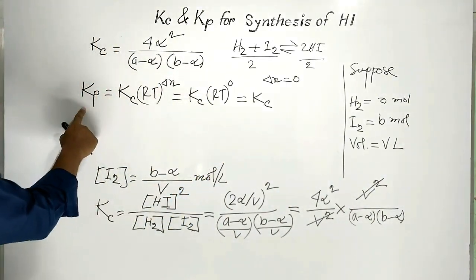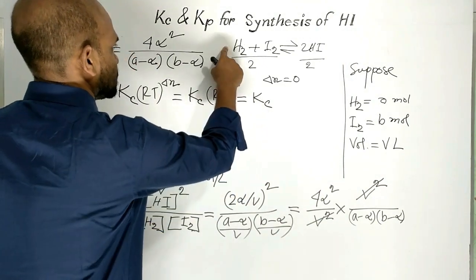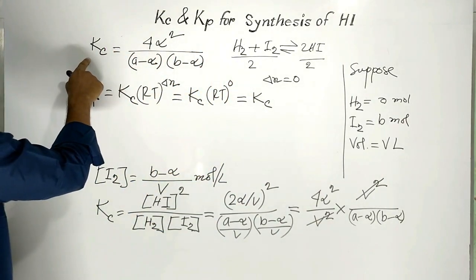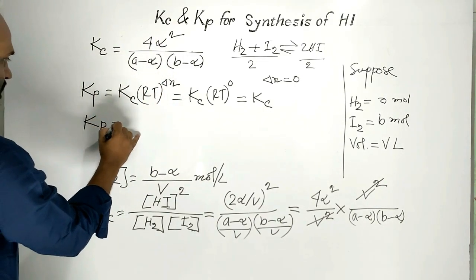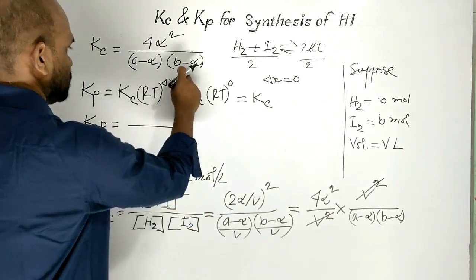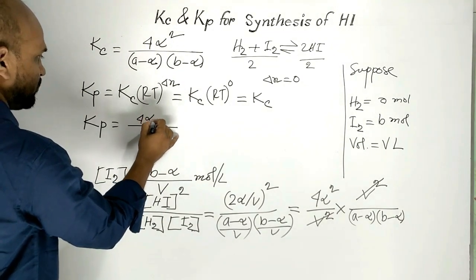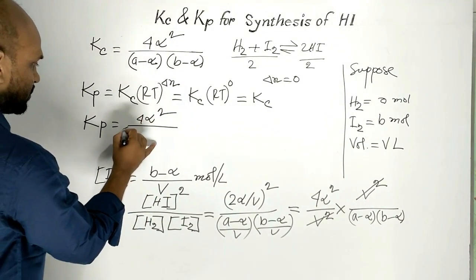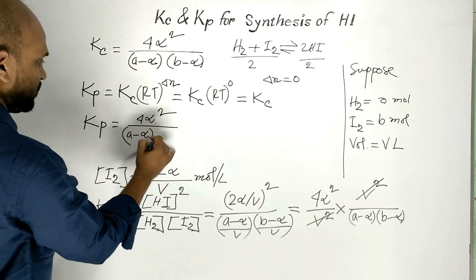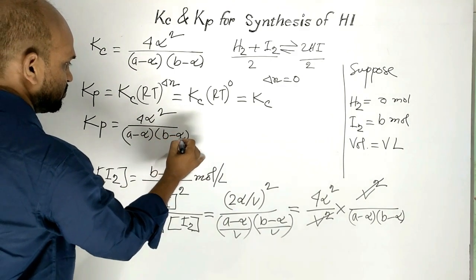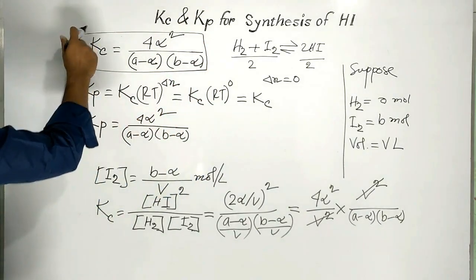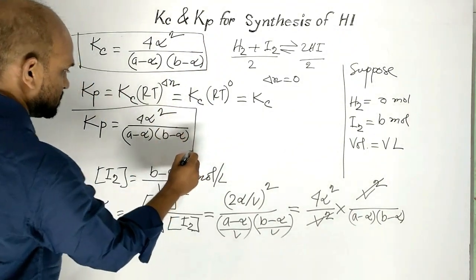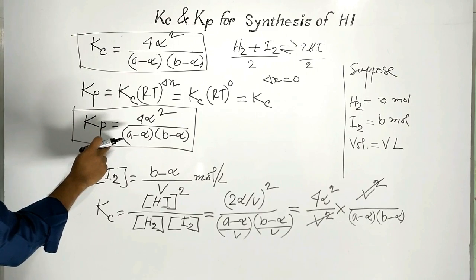So Kp is equal to Kc for this reaction. We know Kc is this, then Kp will be the same value, that is 4 alpha square divided by A minus alpha into B minus alpha.